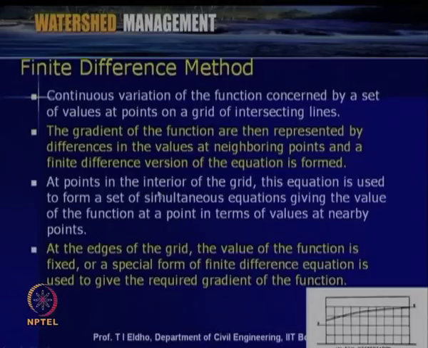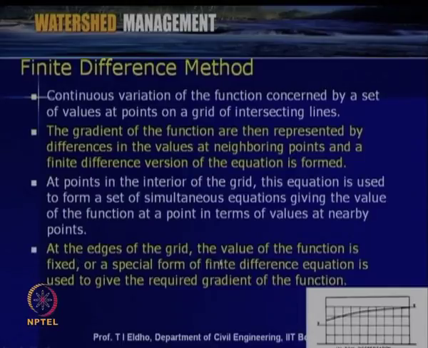Finally, at the points in the interior of the grid, this equation is used to form a set of simultaneous equations giving the value of the function at a point in terms of values at nearby points. With respect to nearby points, we can use various schemes like backward, forward or central difference schemes, so that finally we can form a system of equations.